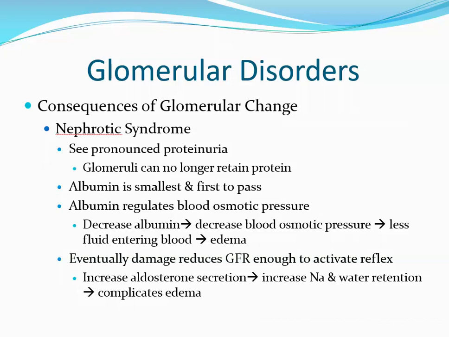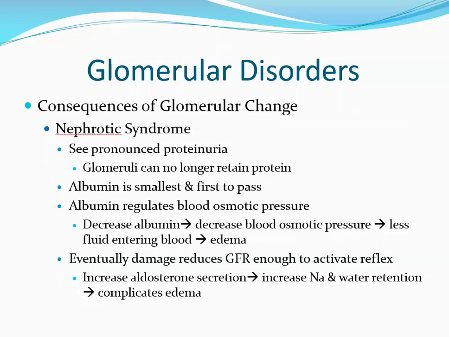Eventually, the glomerular damage reduces the glomerular filtration rate enough to activate various reflexes that will retain sodium and water. This is done through the renin-angiotensin system, which ultimately leads to an increase in aldosterone secretion. This will just complicate the edema issue. Now, why do the proteins leave?